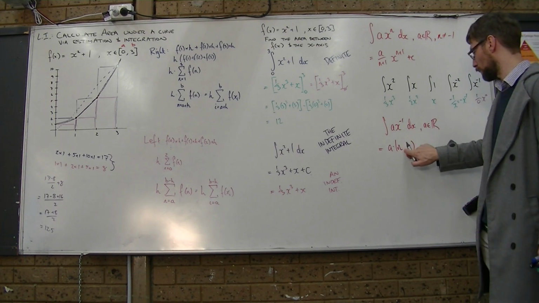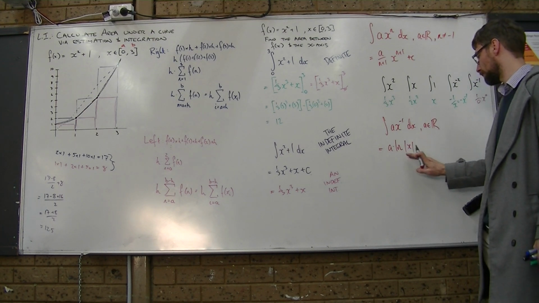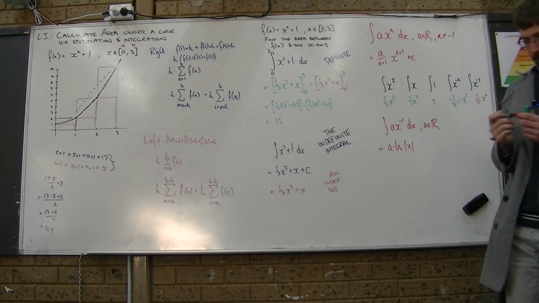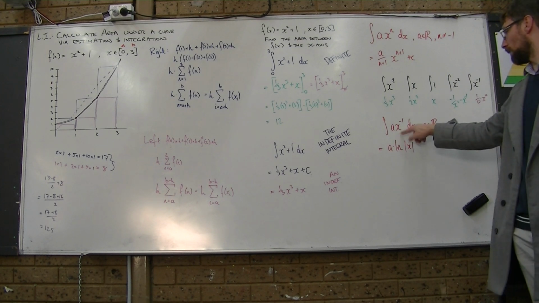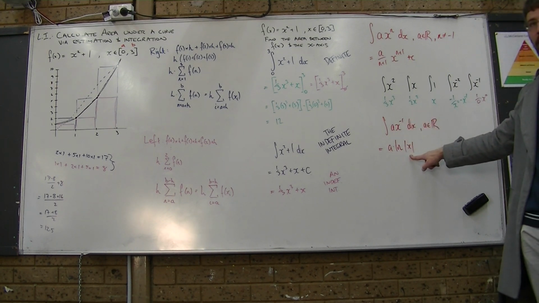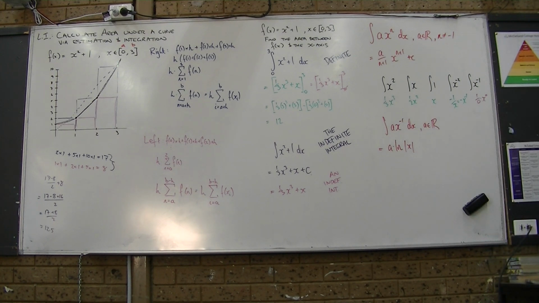If you want to be precise, you should do that. In Methods, it won't matter. They always fiddle with the question such that this expression will always be positive anyway. Plus C.